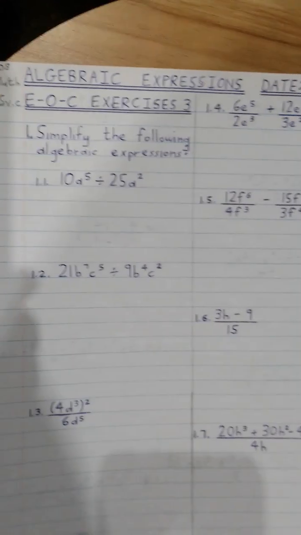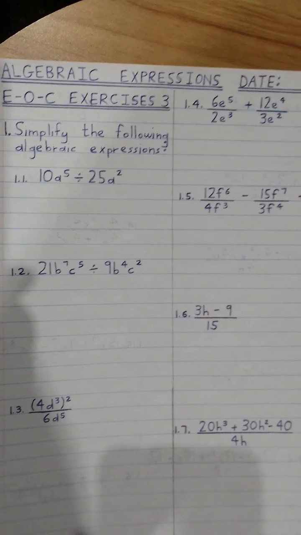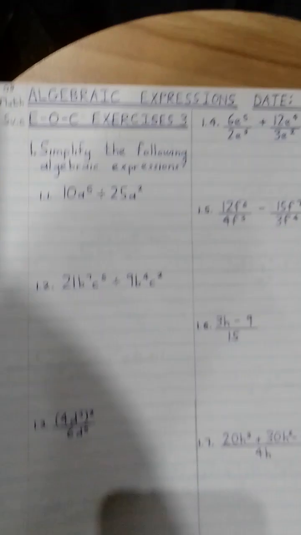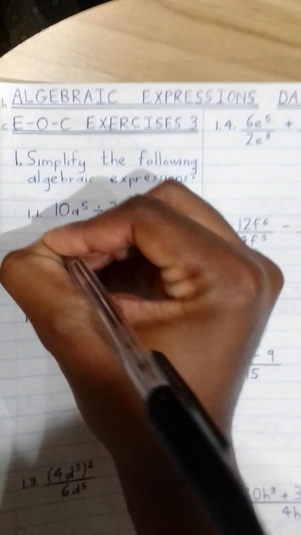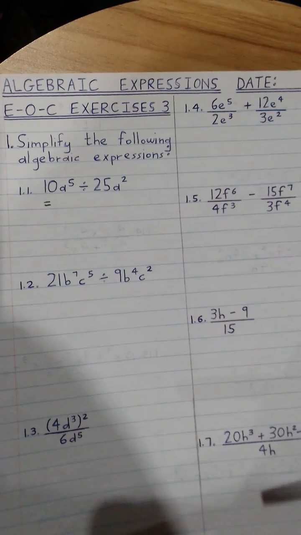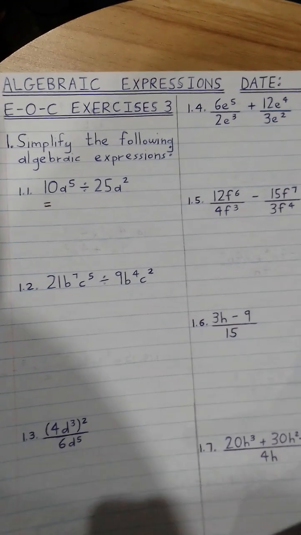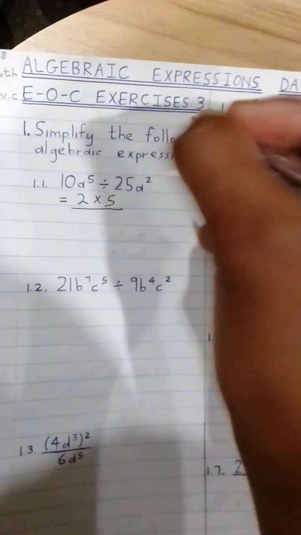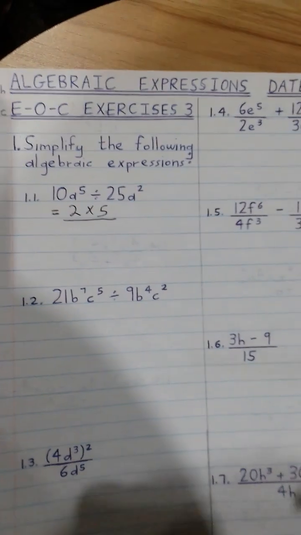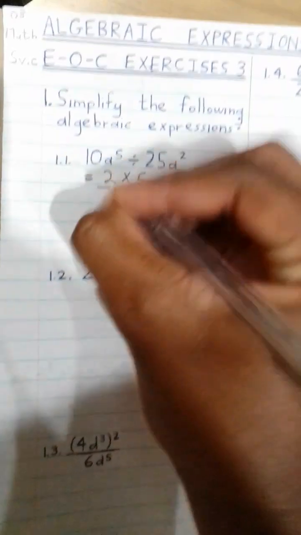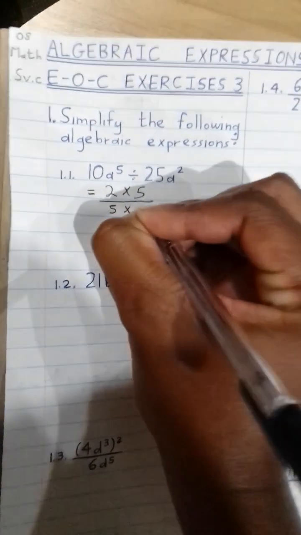So 10 and 25 are not prime numbers. So you write 10 as a product of its prime numbers. 10 is 2 times 5, over 25, which is 5 squared, which is 5 times 5.